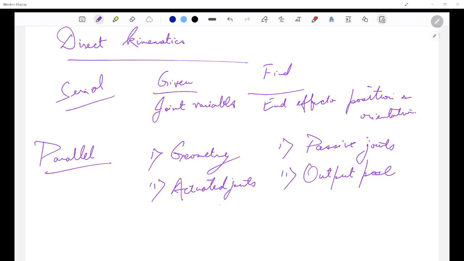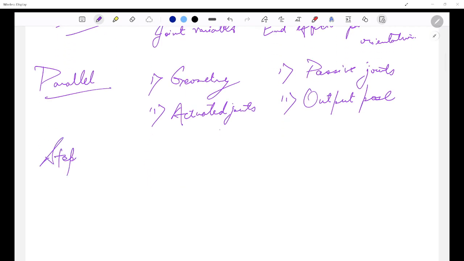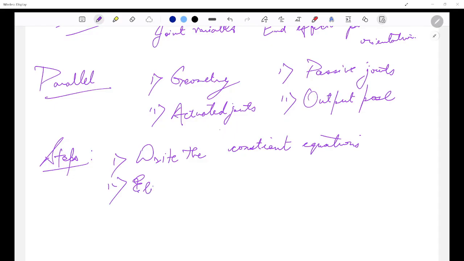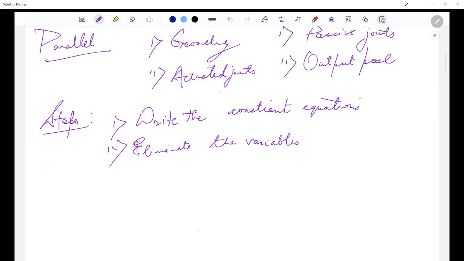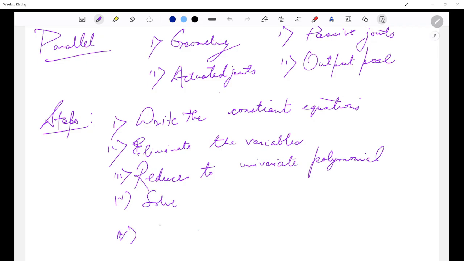So the steps involved here are: you first write the constraint equations, eliminate the variables, which is well explained in the lecture, so I'm not going into much detail, reduce to a univariate polynomial, then you solve for it and then you back substitute.